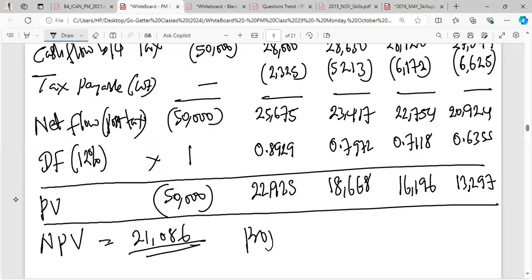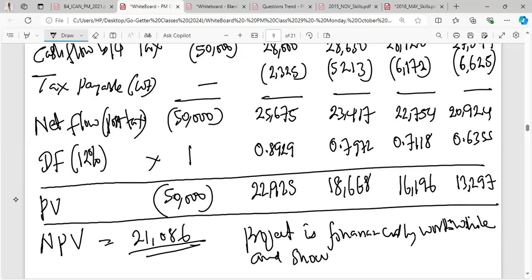So the project is financially worthwhile and should be embarked on. Why are we accepting this project?